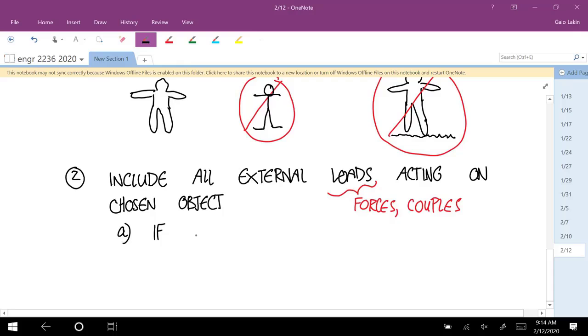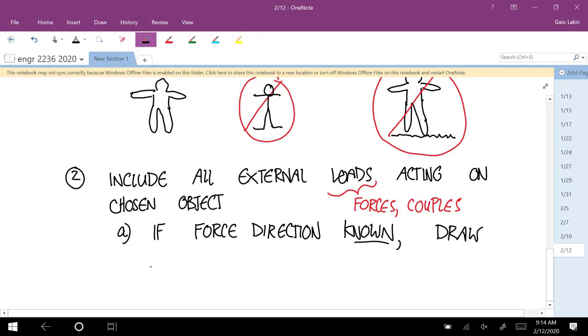If the force direction is known, then draw the force as an arrow in that direction, that known direction.